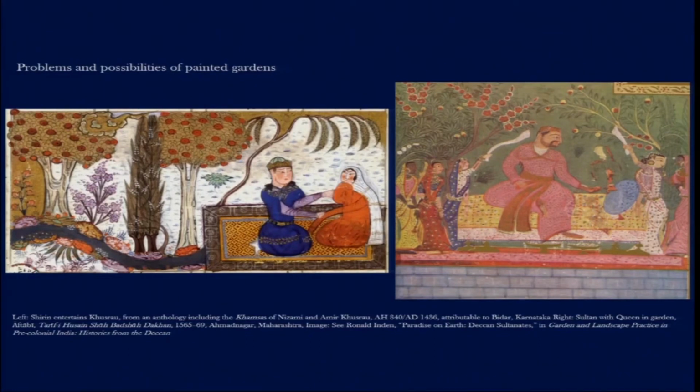In making an image of a garden, they picked established motifs, for example the cypress motif, the blossoming tree, and the plants and trees with fruits and so on. Those motifs were incorporated by the painters or the artisans.